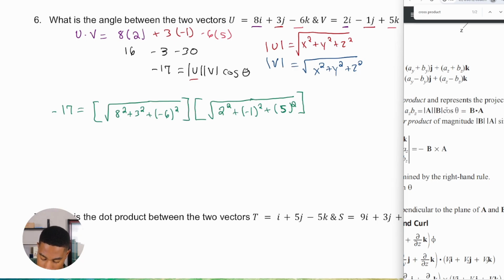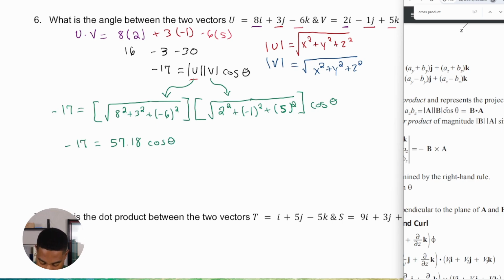And so when we do that, this is this component, this is this component. And then we have to remember cosine theta. When you put all that in your calculator, you should get negative 17 is equal to 57.18. So I just multiplied my U magnitude and my V magnitude to get that, and I still have cosine theta left.